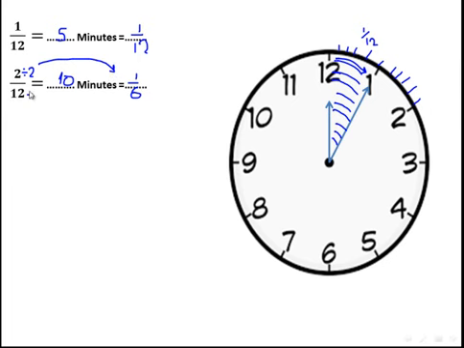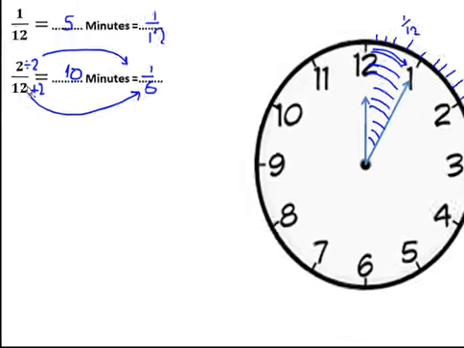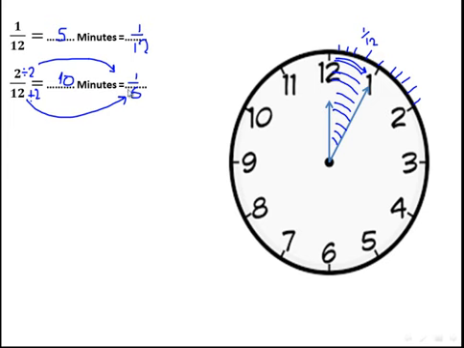And when you divide up, you should divide down by the same number. Divided by 2. Divided by what? 2. Great job. Your answer is going to be 1/6. So 2/12 equals 10 minutes equals 1/6.